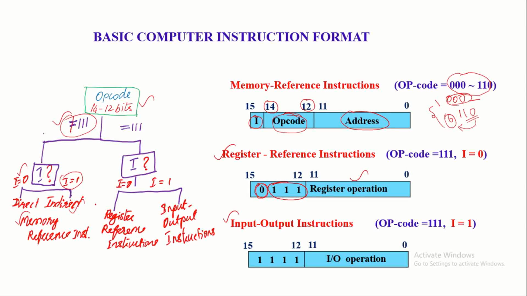Coming to the input-output instruction, the 12 to 15 bits are all set to ones, that is, the opcode values and the I bit value are all ones, and the remaining 0 to 11 bit values are used to specify the IO operation to be performed.